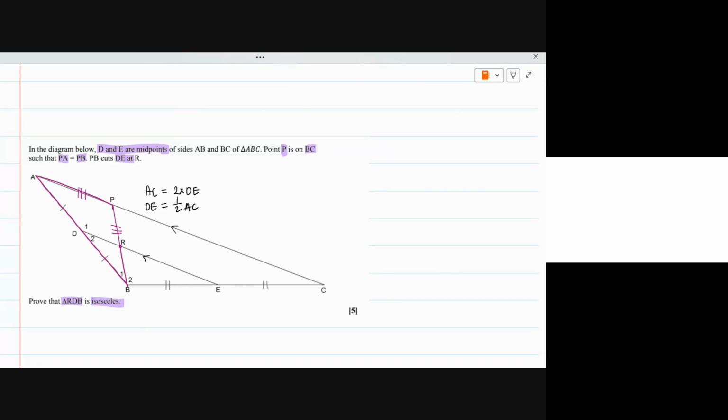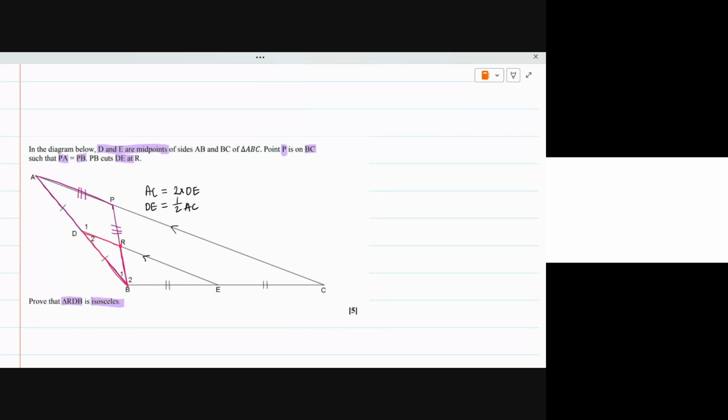Don't think that's the same triangle we were just looking at. No, let's find triangle RDB. There's R, there is D, there is B. That tiny triangle there is the one we're trying to prove is isosceles.